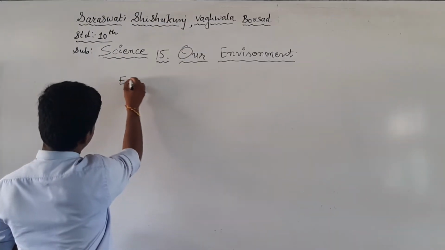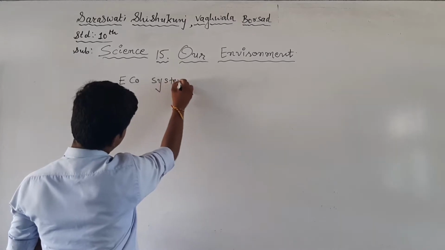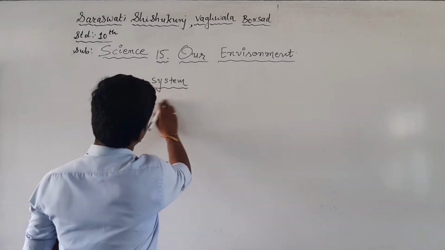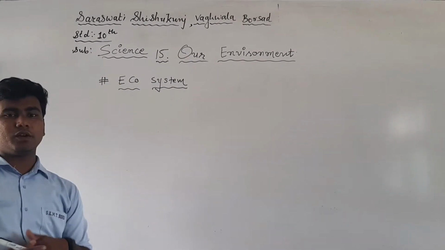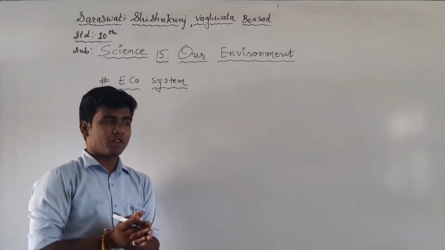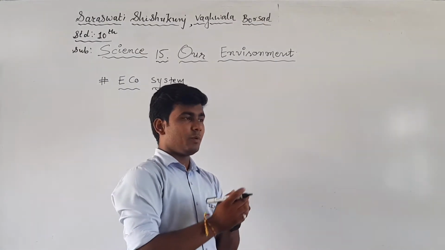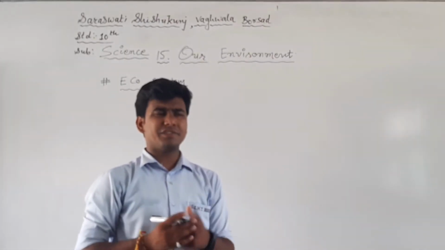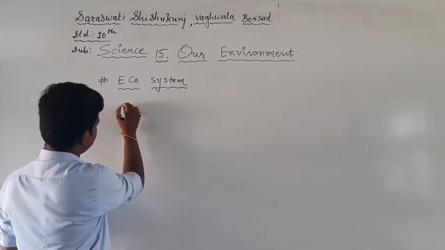Let's understand this word, ecosystem. Now, what is called ecosystem? So, simple. Ecosystem, it's a system of an environment or of our biosphere with biotic and abiotic components. Means, as we all know, that the biotic components, biotic means living components.